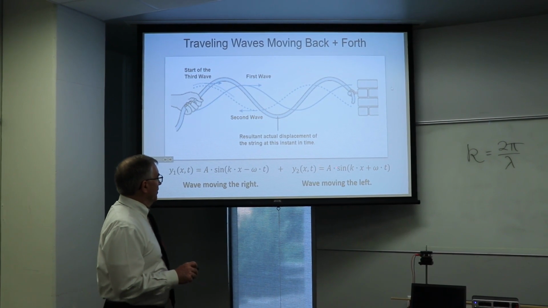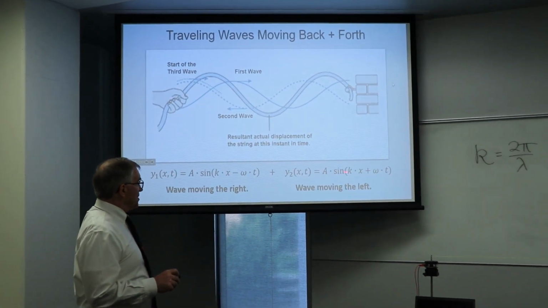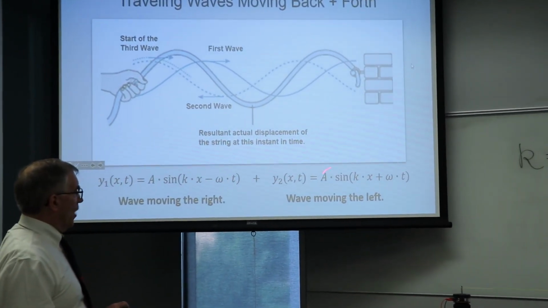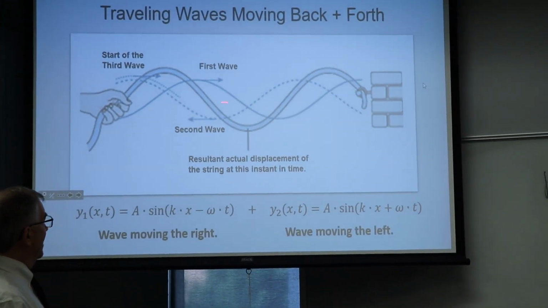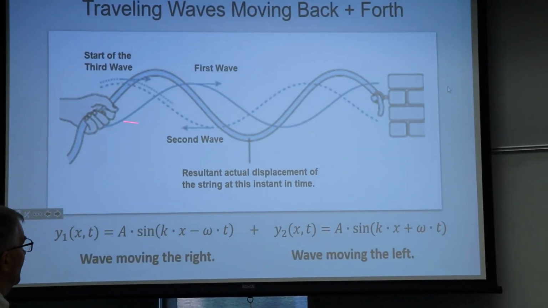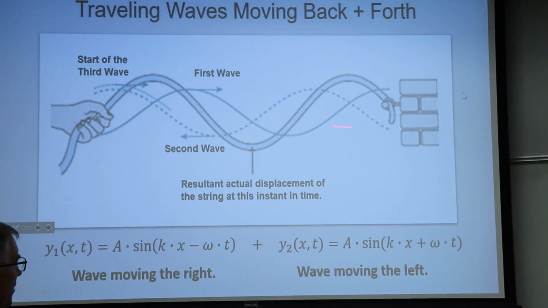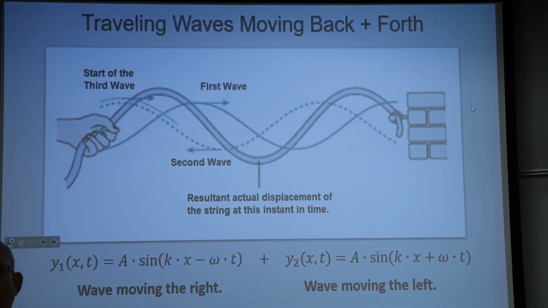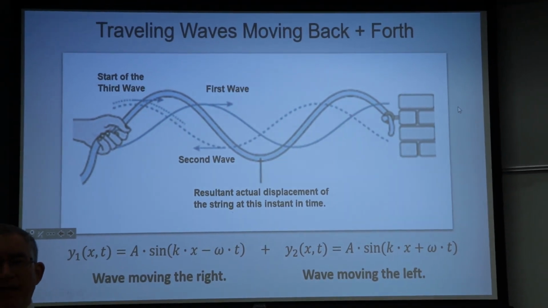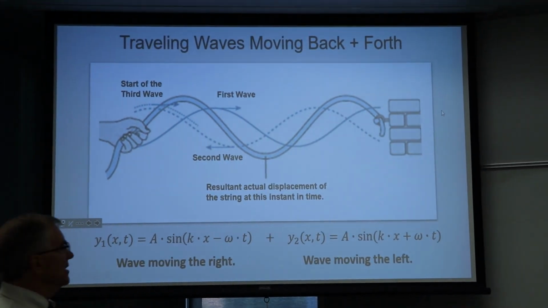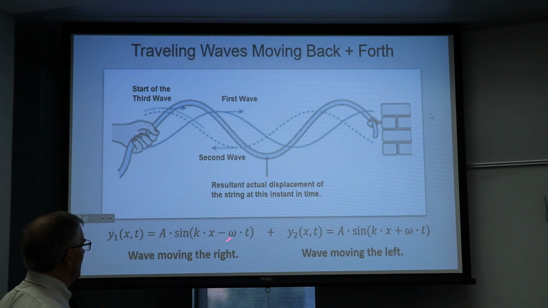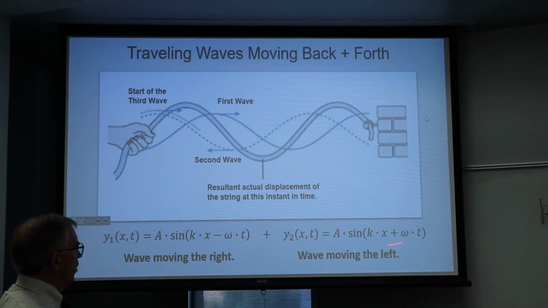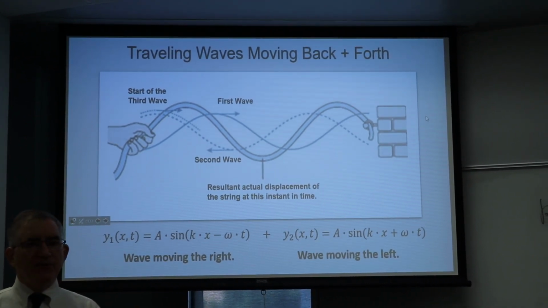Likewise over here, this is the same traveling wave, but now it's traveling back this way. It's traveling to the left in the negative x direction, and when you have the positive sign, it actually is traveling opposite that sign. So this wave function right here is traveling to the right, and this wave is traveling to the left.